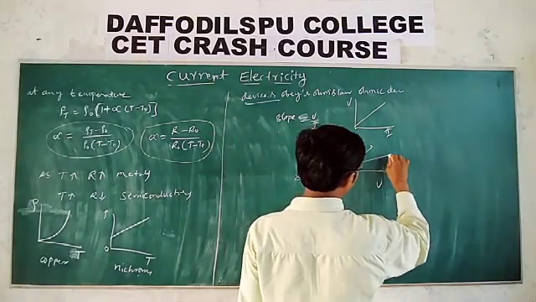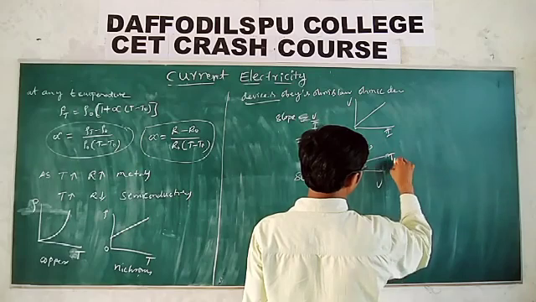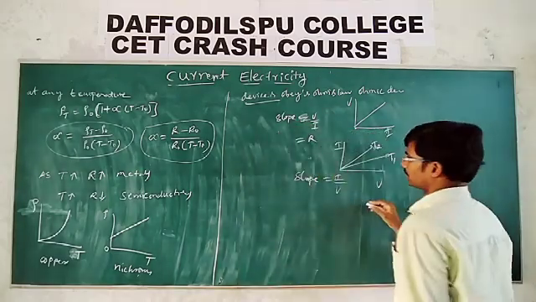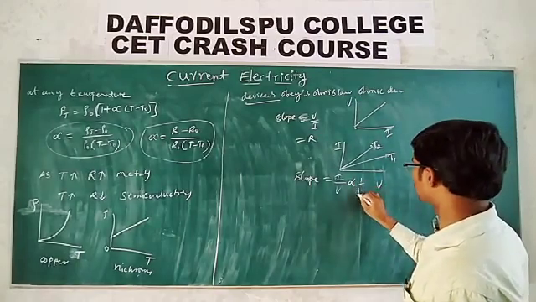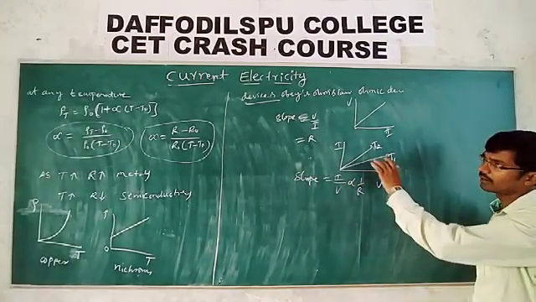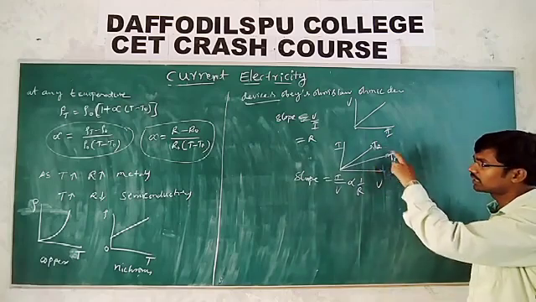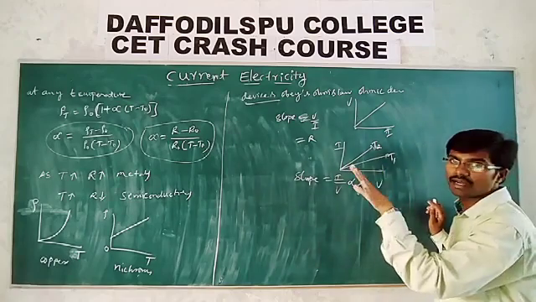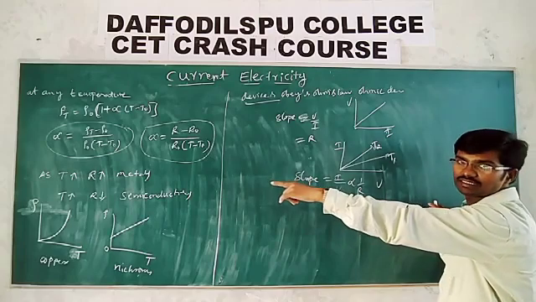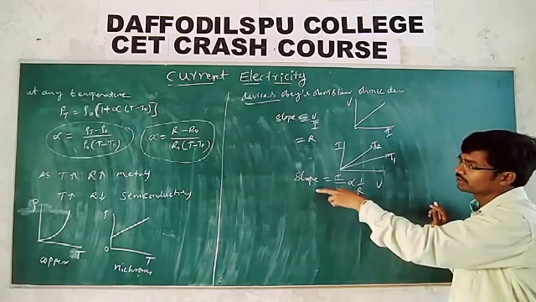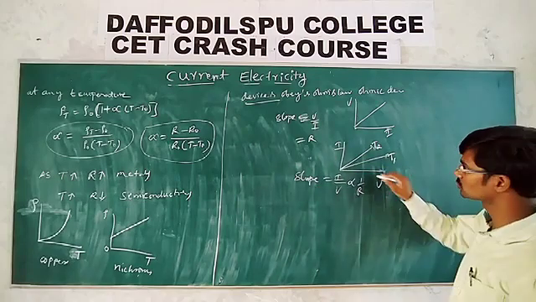Now if I take here two graphs at temperatures T1 and T2. I by V is nothing but 1 by R. From this graph, can you tell which has more temperature, T1 or T2? Remember, we already know that if the temperature increases, the resistance increases for metals and conductors. From these, which has more slope?